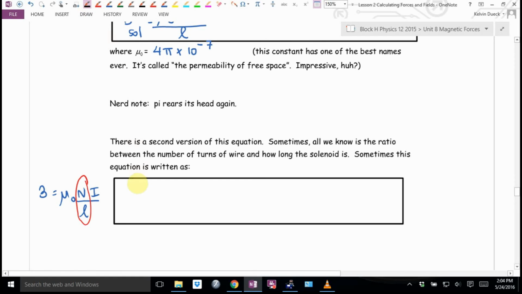So the second version, which is also on your formula sheet, looks like this. Mu naught n, little n, times I, where n is big N over L in lowest terms.